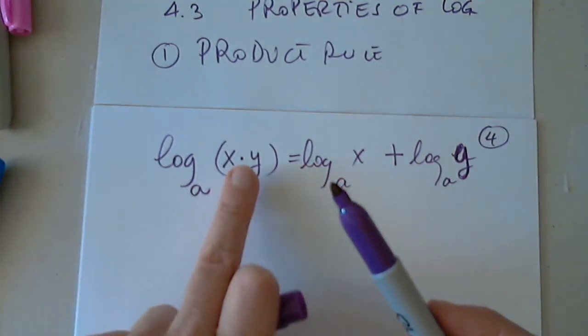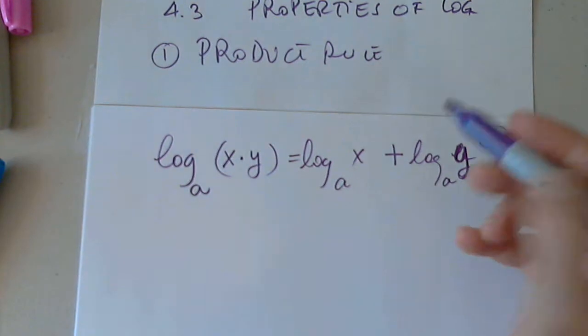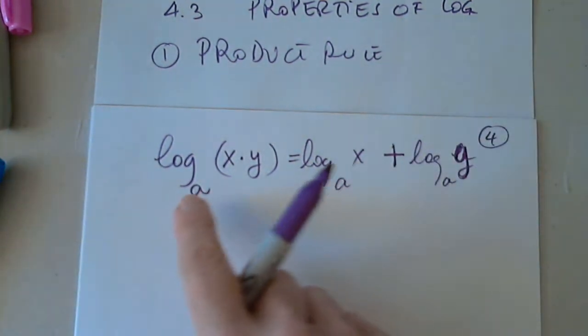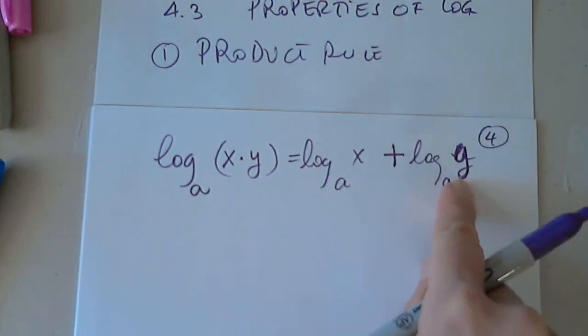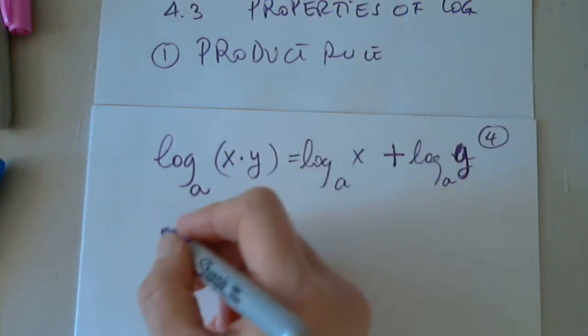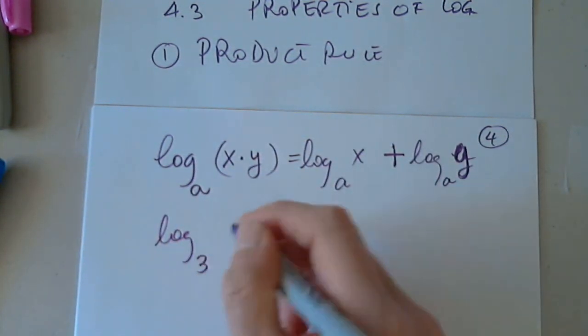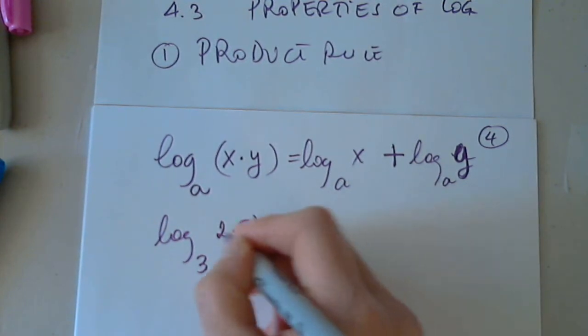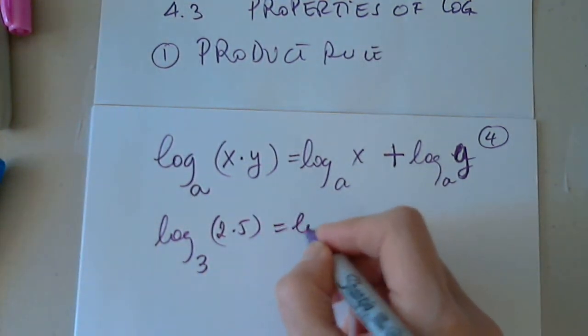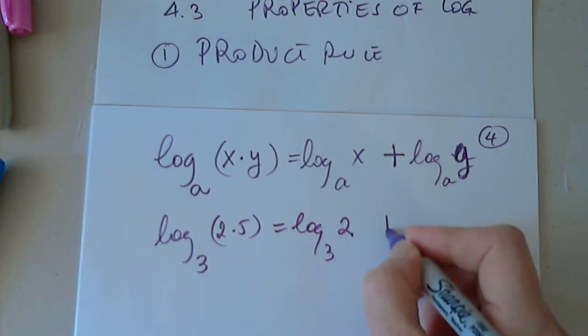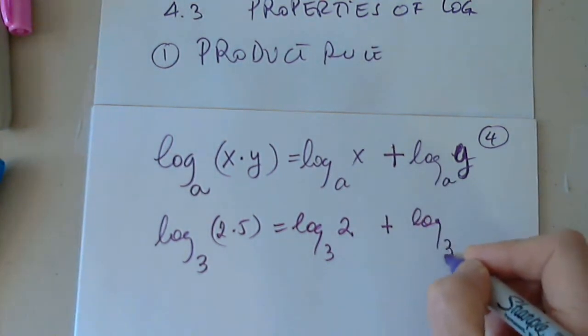So if we apply log to a product, then we can change it into the sum of the log of x plus log of y. As an example, if I have log base 3 of 2 times 5, I could write it as log base 3 of 2 plus log base 3 of 5.